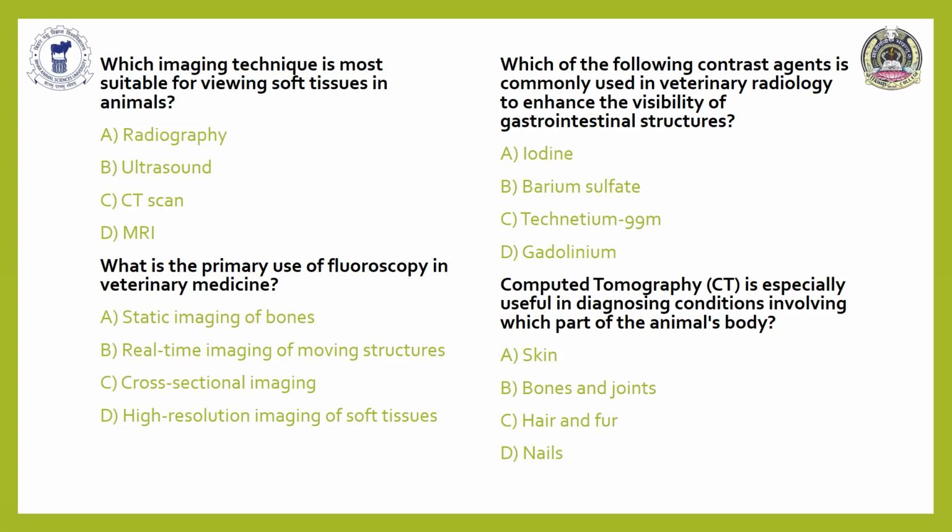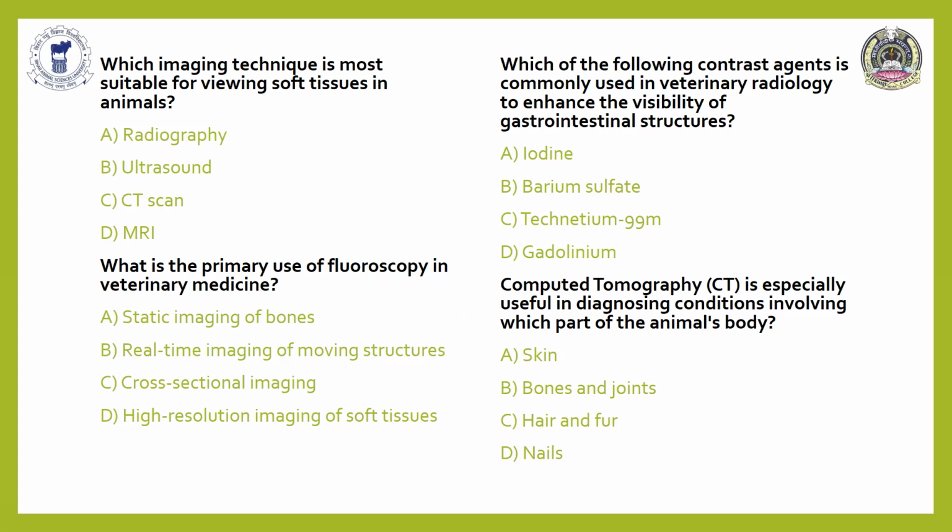Next, what is the primary use of fluoroscopy in veterinary medicine? Do you know fluoroscopy? No, ma'am. Fluoroscopy uses X-ray radiation itself, okay? It uses X-ray radiation, but it works on a different principle. It shows real-time moving structures, suppose we have to see blood vessels or other organs like the intestine which is having peristalsis.